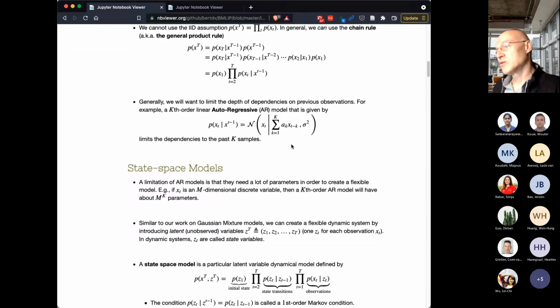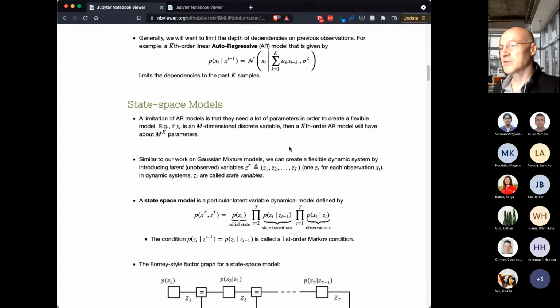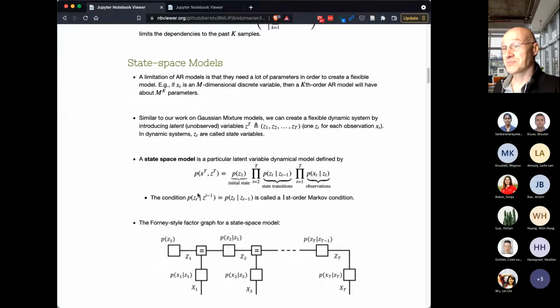Now we can do that even further. Particularly in state space, it's useful to make the assumption that the state at a particular time is not just a function of all states from t is 1 to t minus 1. Now let's just assume that it is only a function of the previous state. So it's a very severe constraint.